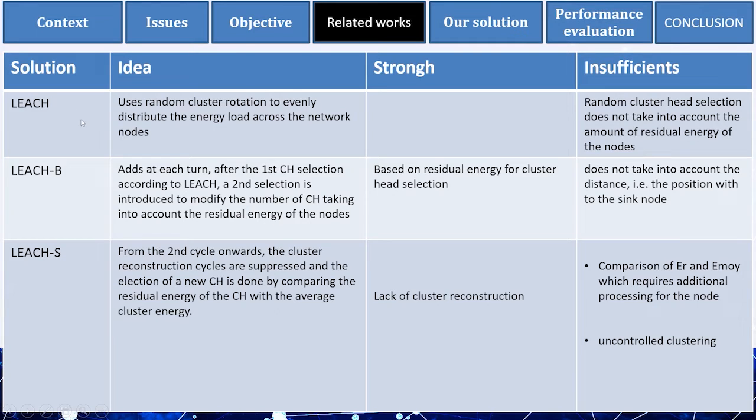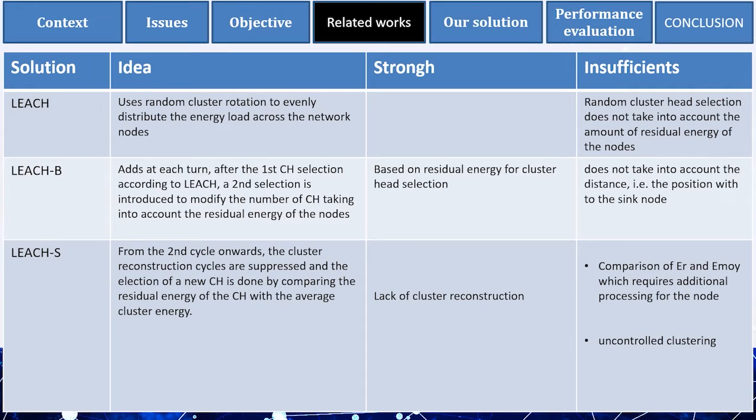LEACH uses random cluster rotation and evenly distributes the energy load across the network nodes. As insufficient, random cluster head selection does not take into account the residual energy of the node.